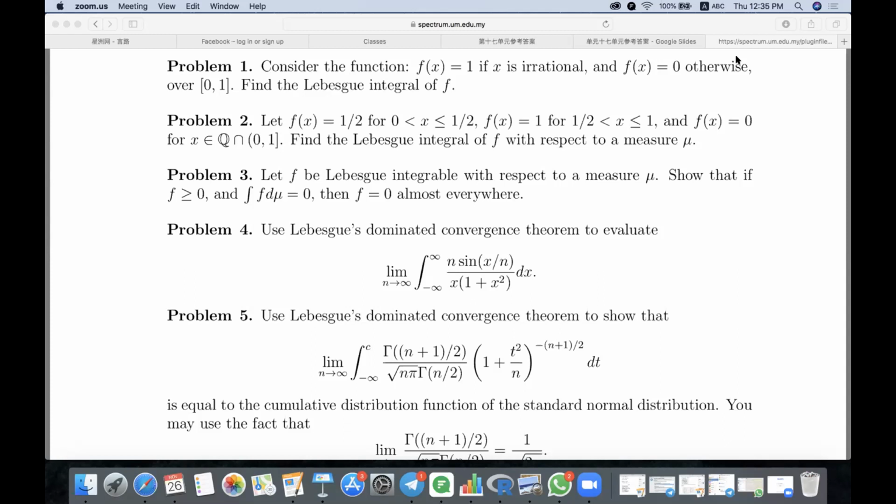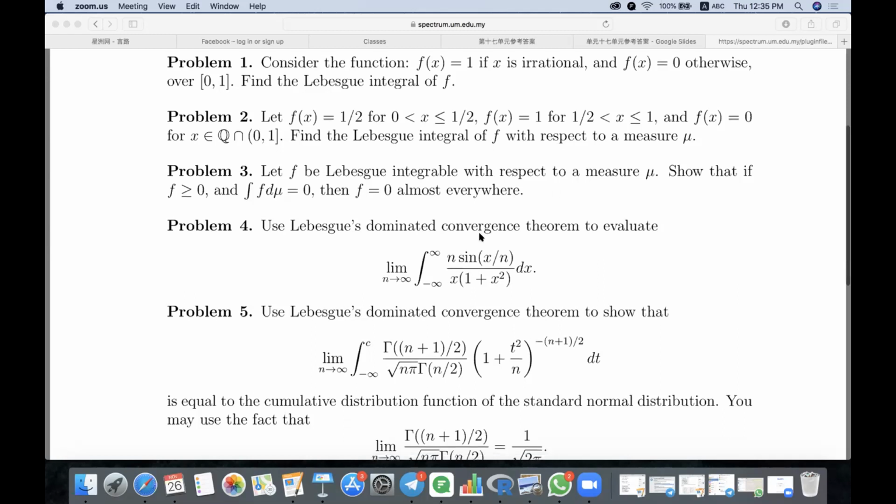It's saying that if the degree of freedom is sufficiently large, then the distribution function of the T distribution is equal to the distribution function of the standard normal distribution. So that's why when the degree of freedom is large, your T distribution is basically your normal.